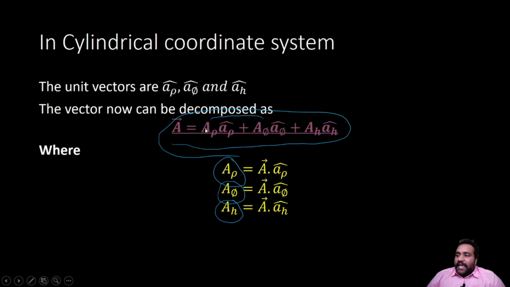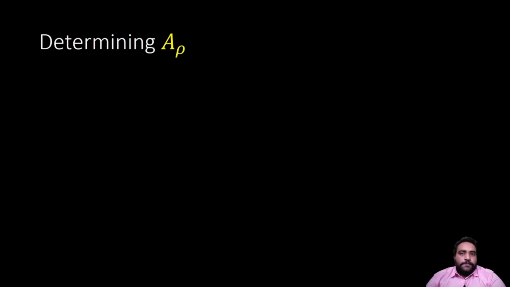So, to determine A rho, that is the magnitude of the component along the direction of rho cap, you would perform the dot product operation between the given vector and the unit vector of choice.